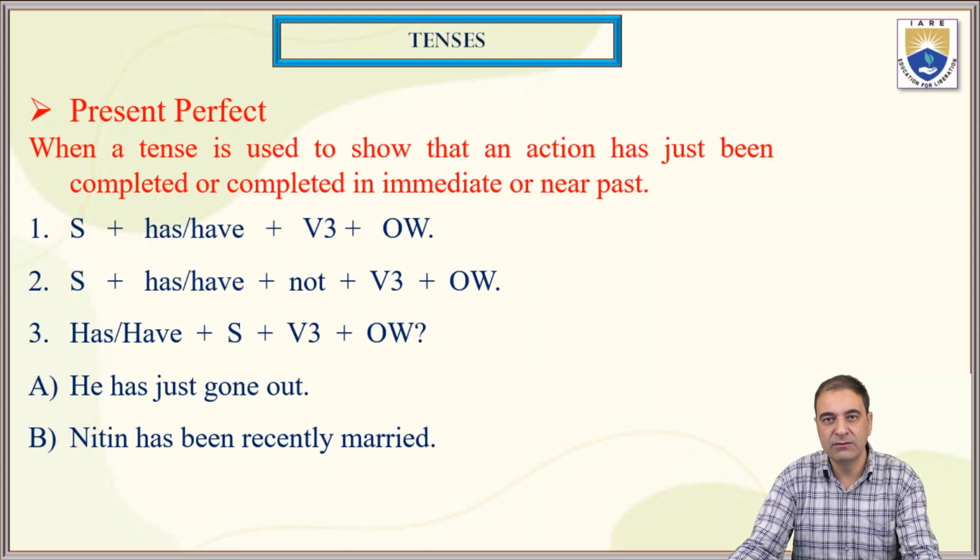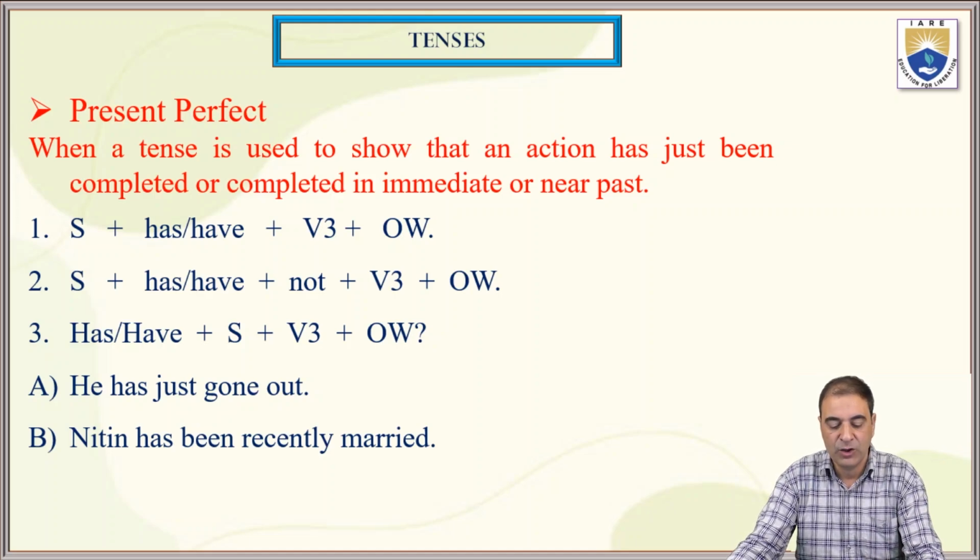In fact, we have done all these tenses like simple present and present continuous in my first video lecture. You can consult that video lecture in order to connect the dots so that you can understand it holistically.